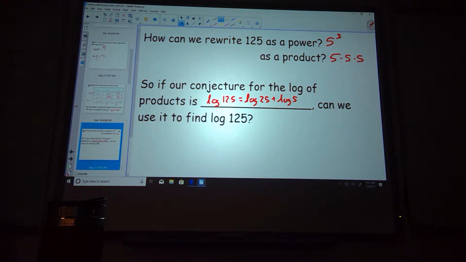So can we use it to find the log of 125? Well, the hard thing on that is I can't make 125 into any type of base 10. 10 to some power isn't going to be 125. So at this point, no.